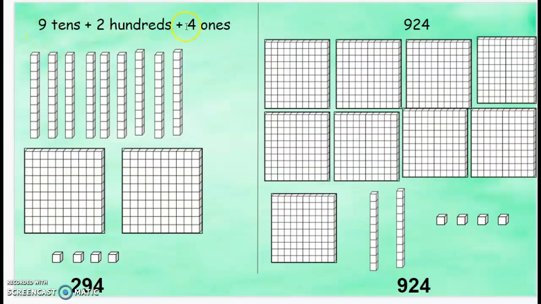Let's look at this example right here. If you take the number that you saw on the last slide, 9 tens, 2 hundreds, 4 ones. Well, if I drew that out exactly how it says, and then I look at this number, I would see, oh, there's 200, and then 9 tens and 4 ones.